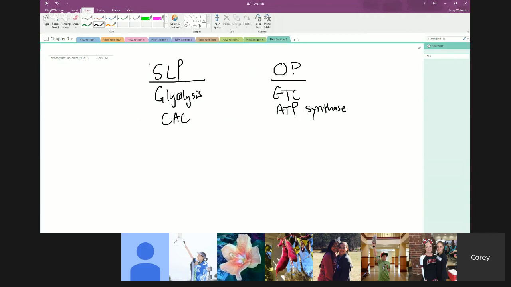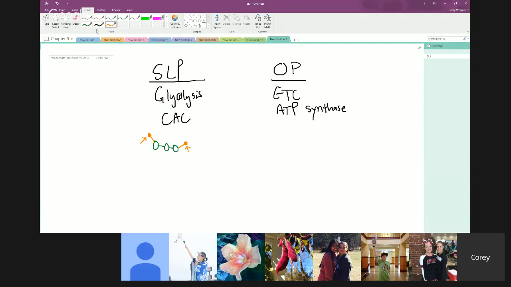In substrate level phosphorylation you have organic molecules that have been phosphorylated. Those phosphate groups either came from ATP, or from free-floating phosphate that was attached to the molecule as it was being oxidized.